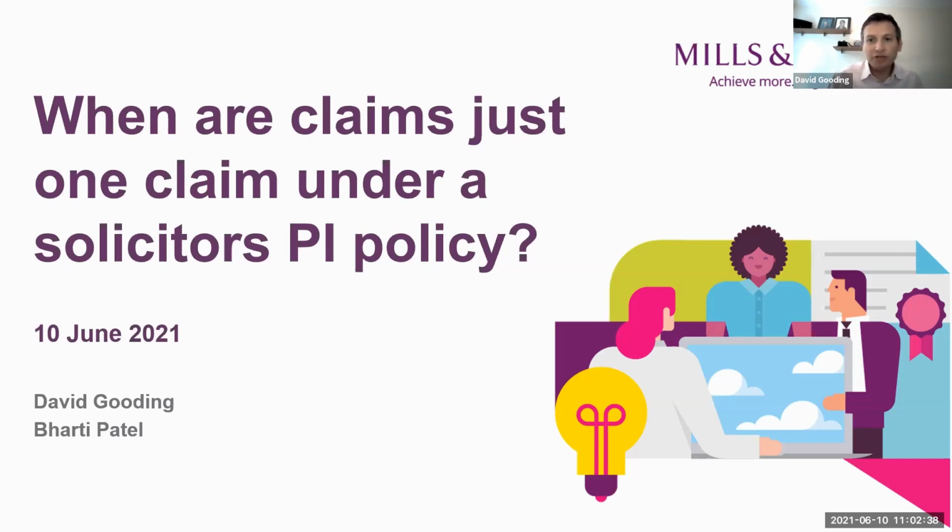So it's up to insurers whether they include an aggregation clause for the excess. I have to say most do. Most of the policies I see have a mirror wording for the indemnity limit and the excess, but not always. So you could have a situation where you've got a pot, say of £3 million, the minimum amount of cover that lawyers need, a pot of £3 million to pay aggregated claims, but you have multiple excesses applying.